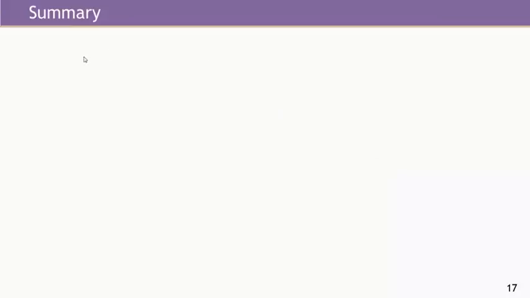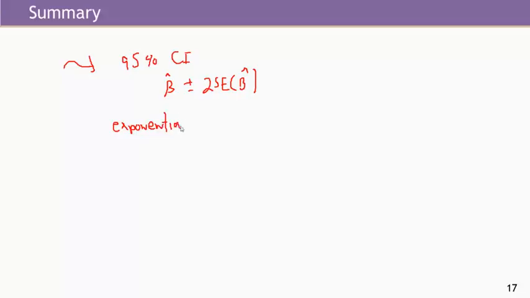So in summary, it's business as usual. 95% confidence intervals for the slopes and intercepts can be found by generically taking our beta, whatever it is, 0 or 1, and adding and subtracting 2 standard errors. These results can be exponentiated to get confidence intervals on the odds ratio and odds scales.